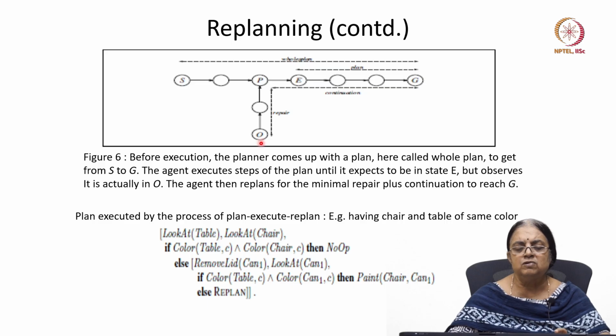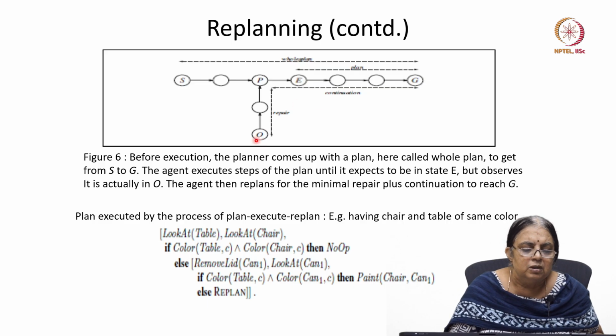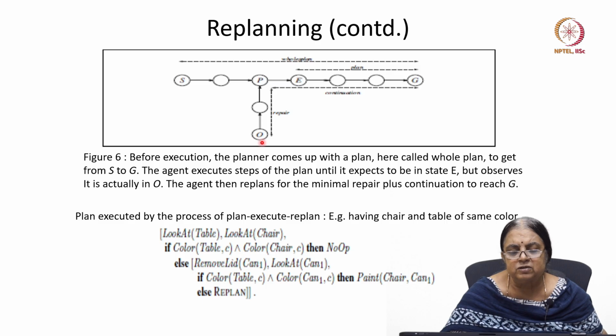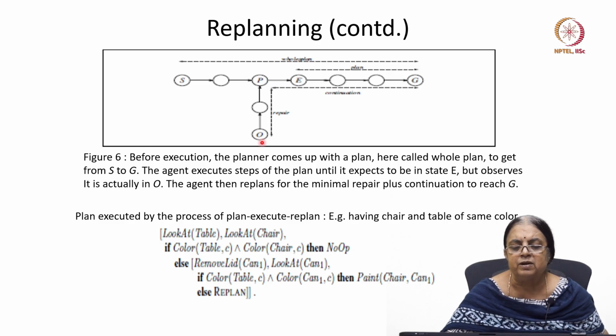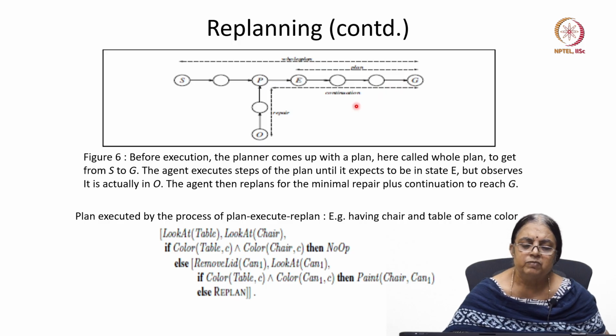So when it comes down to O, it should have gone to E, but it comes down to O. So what does it do? The agent actually replans, so that there is a minimal repair. You have come to O and you should have been in E. So you can just repair the plan so that you go from O to E, and then you carry out the rest of the plan as it is, right.